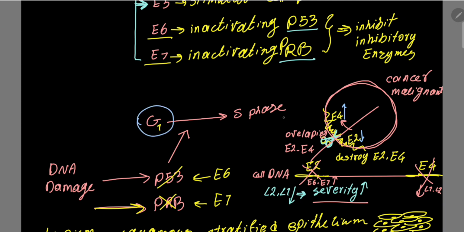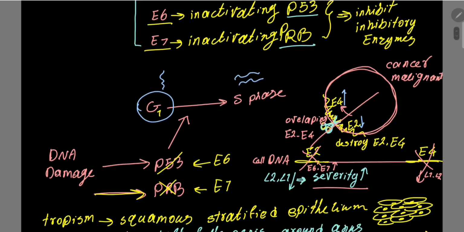It has to go to the S phase, where the genome, which is one copy, has to become two. In the S phase we have the proliferation, and we will have the replication.